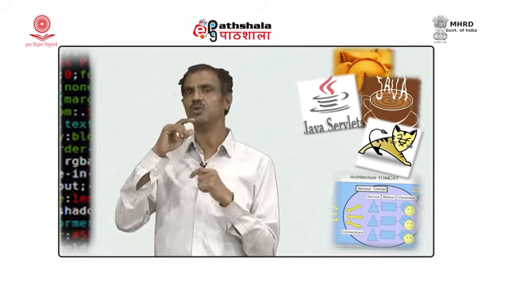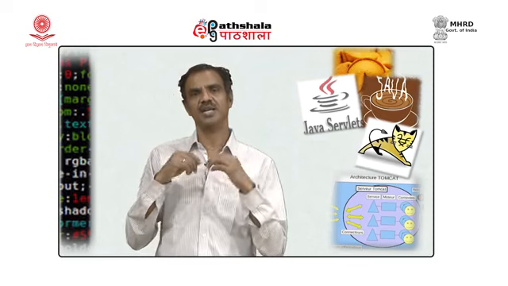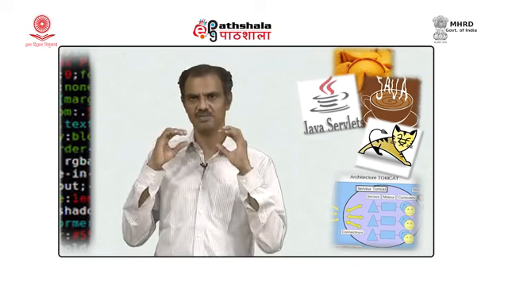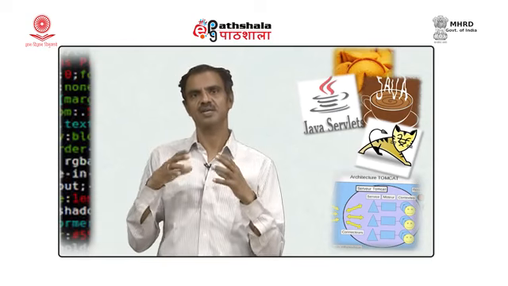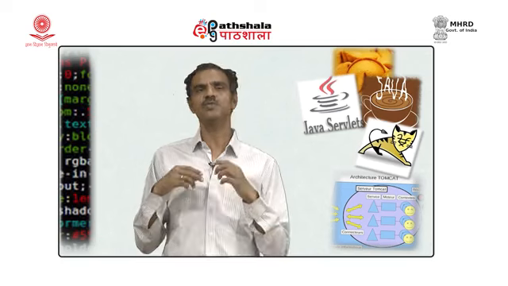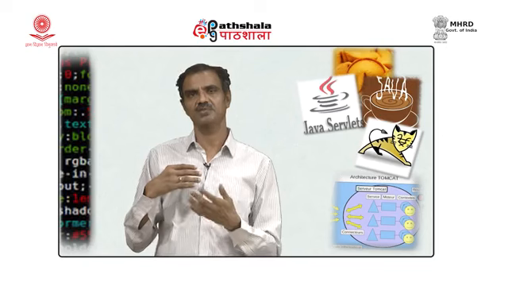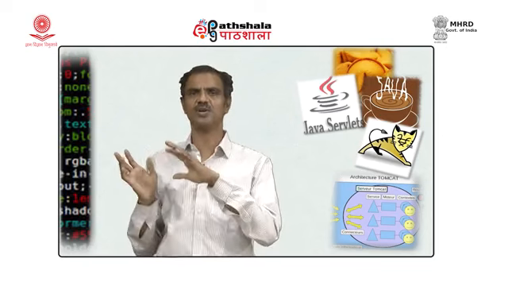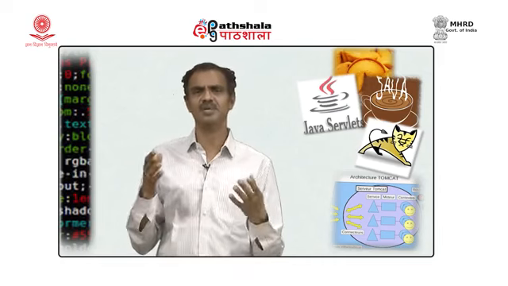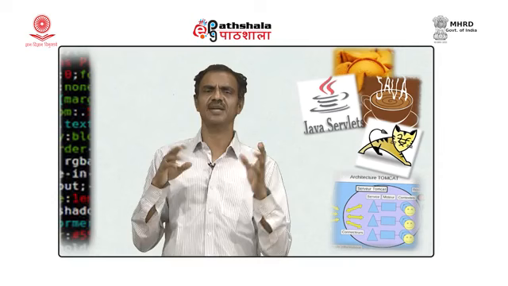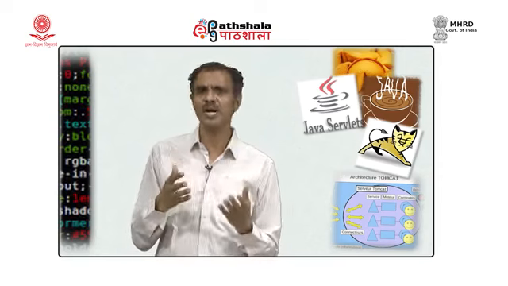Scriptlets go within the service method, and they are used for embedding Java code segments. And then we have declarations, which are used for having other kinds of members which go within our class. They are not for output. They may be used for declaring methods, variables and other things, which will get included in the class.